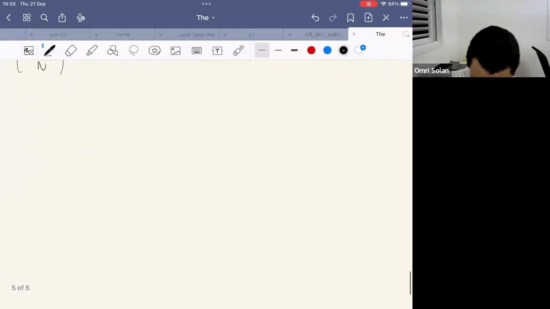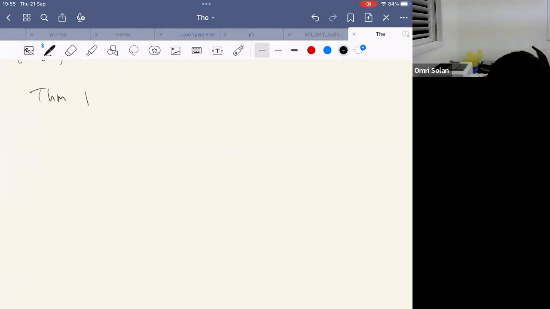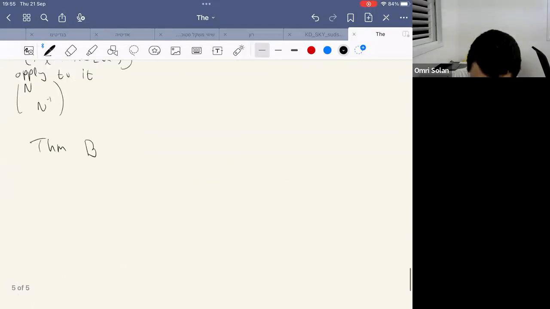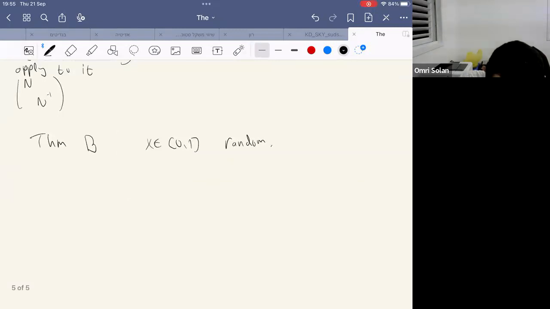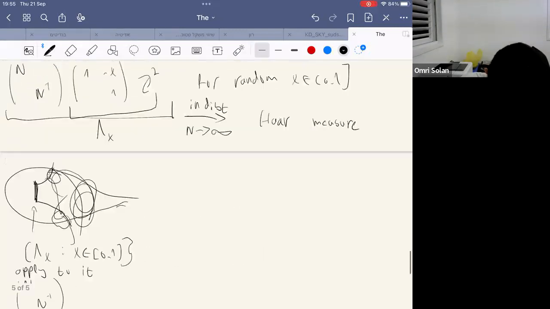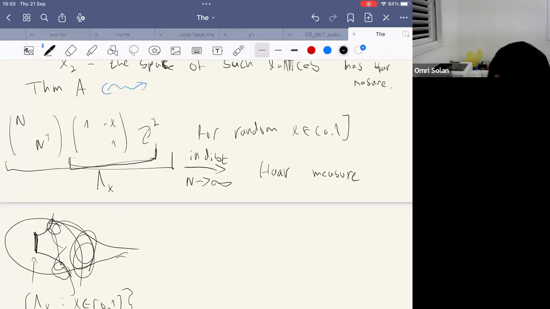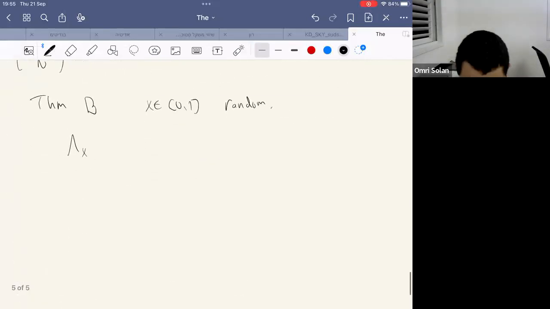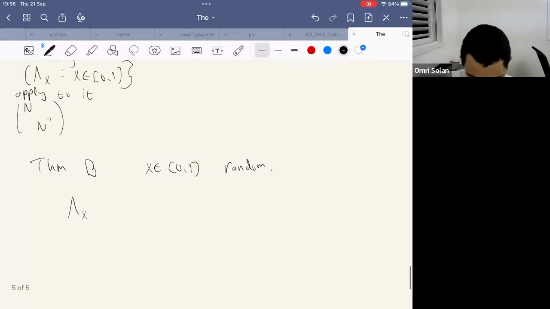Okay. And now theorem B. In theorem B, we had some random point x inside 0, 1. And now we took lambda x, which was this lattice. It's just a point in the space of lattices.